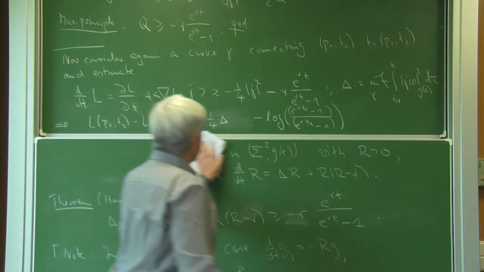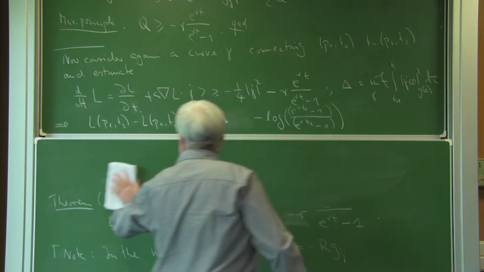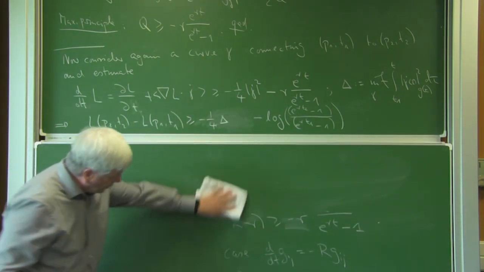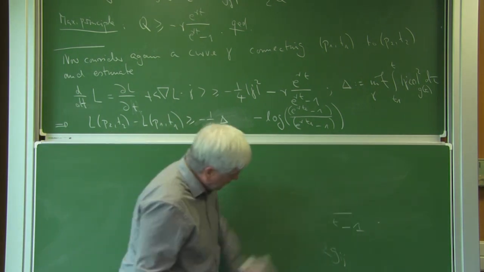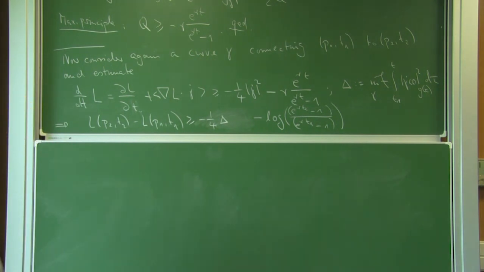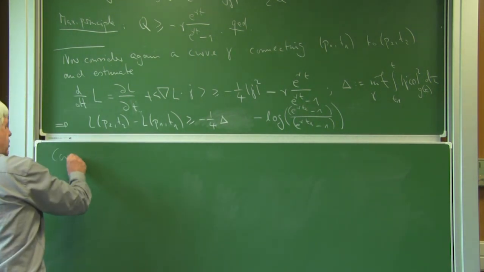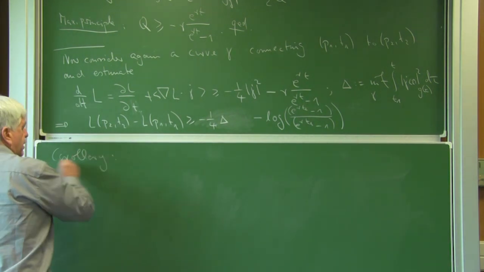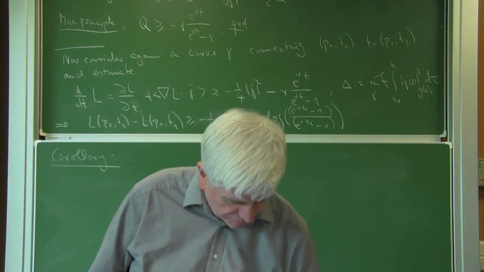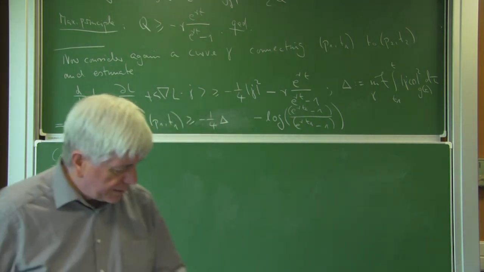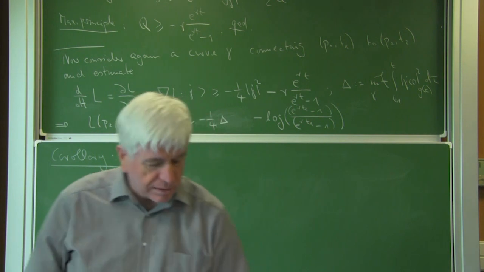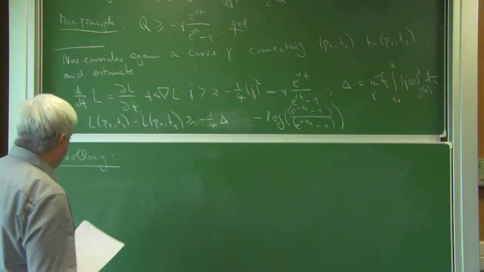And then on the left we have again the difference of two logarithms, and we conclude as a corollary the Harnack inequality for the Ricci scalar.